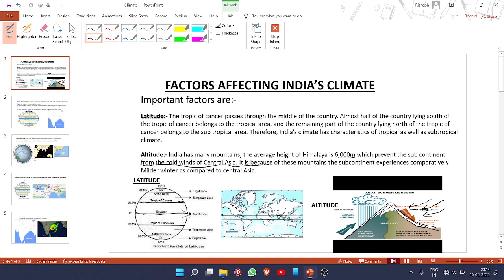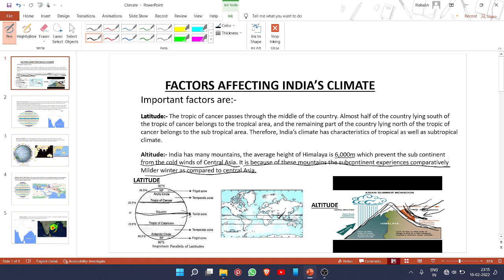It is because of these mountains that the subcontinent experiences a comparatively milder winter as compared to Central Asia. Now, if these winds entered India, then the climatic condition of India would be something else. But in the absence of these winds, the climatic condition of India is milder.